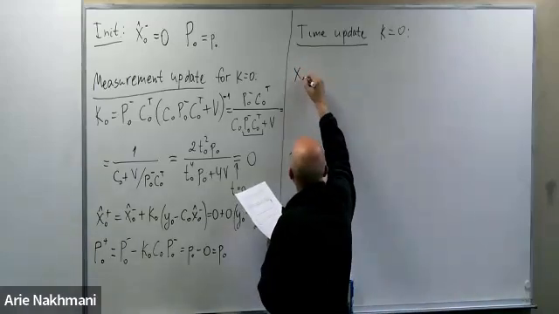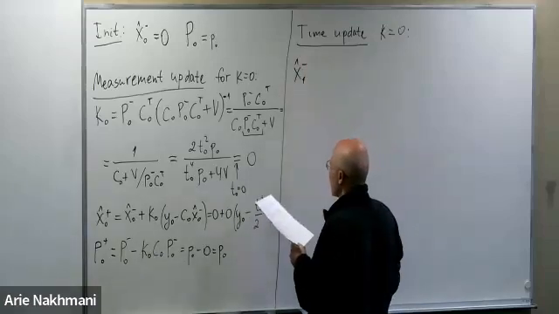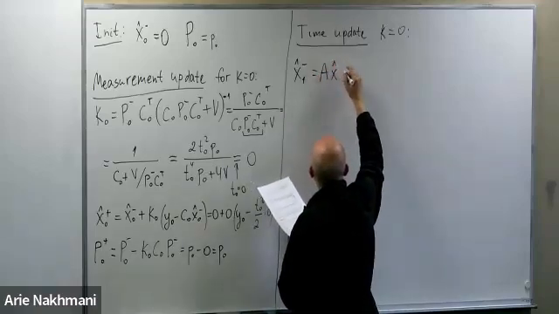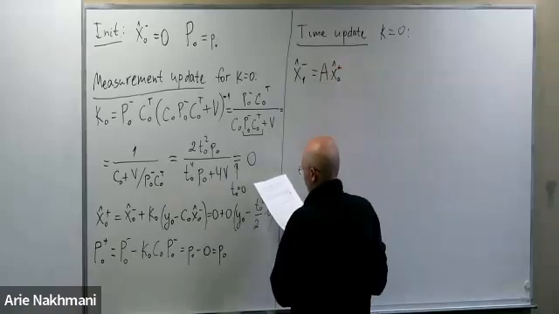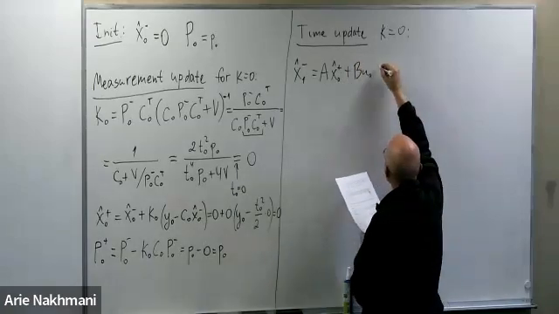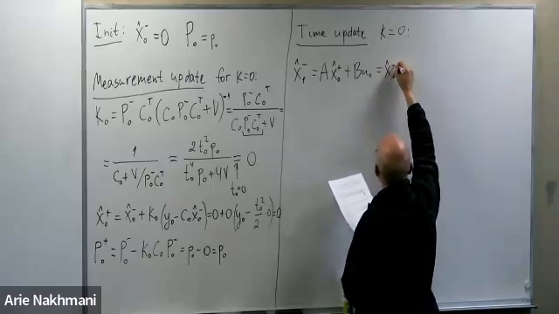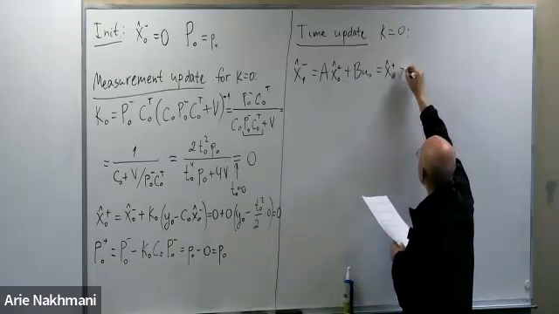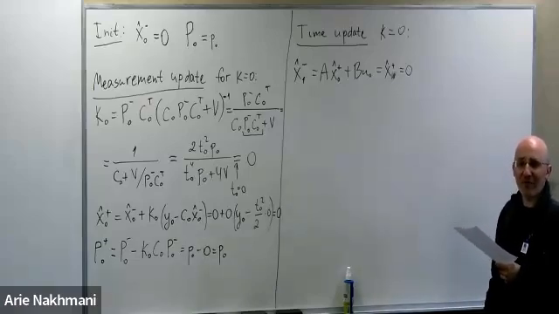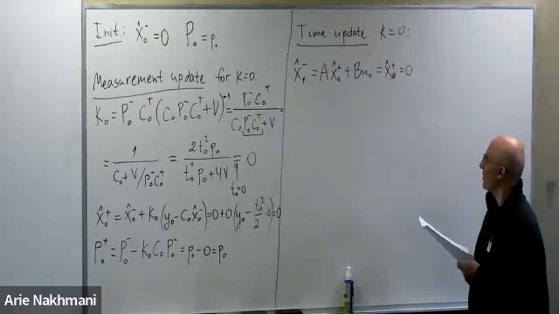Here are the formulas. x1 minus, which is at k plus 1, and k is 0, so k plus 1 will be 1, equals A times previously estimated x0 plus B u0, and obviously it will be just the previously estimated x0 plus. And again, we get 0. Nothing interesting is happening so far. This Kalman filter, you don't need those complicated formulas to estimate zeros. But that's okay, we'll get there.